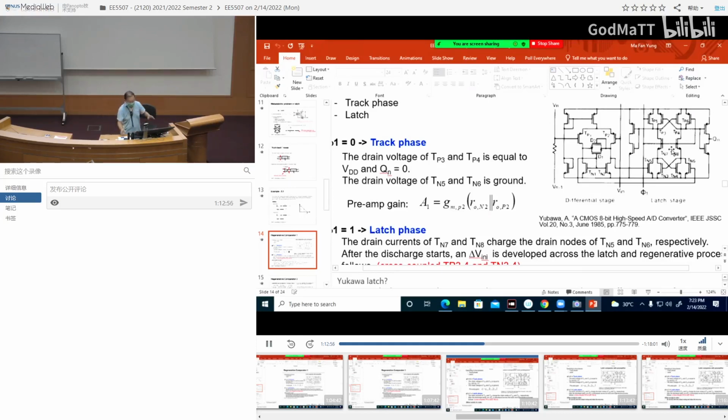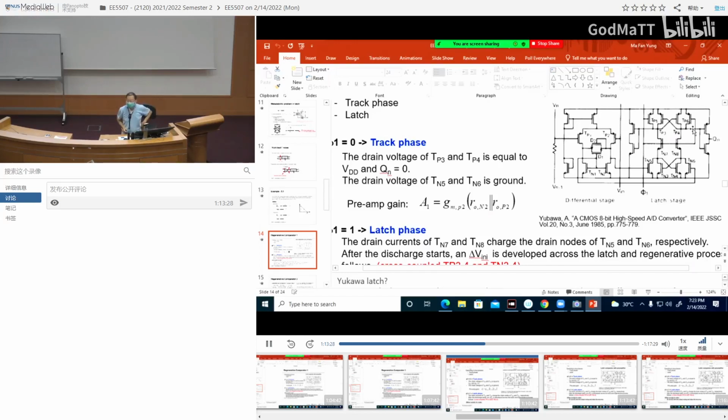They're off means that these two nodes are separated from these two nodes, because this switch is off. When phi 1 is low, what happened to TP5 and TP6? They are on. That means what happened to these two nodes? What's the voltage? They get pulled high, right?